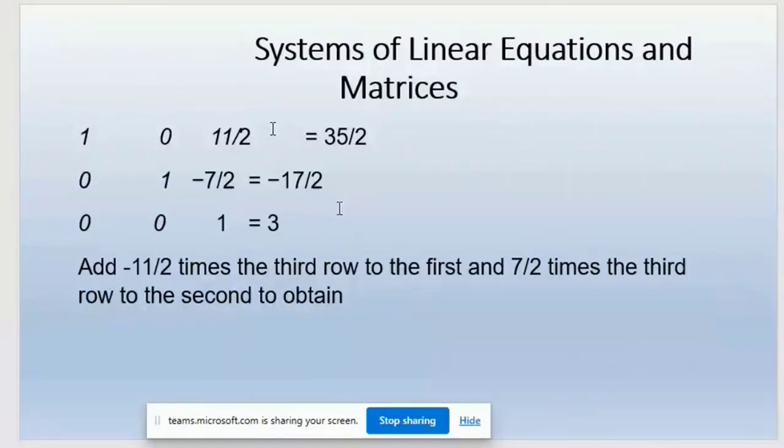Let me put it this way. From the second row, we agree that y is 1. That 1 is representing y. Do we agree? Yes. So now, from the third row, we agree that z is equal to 3. Yes.